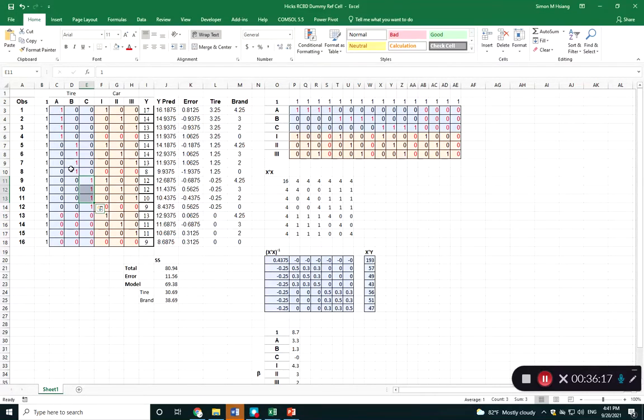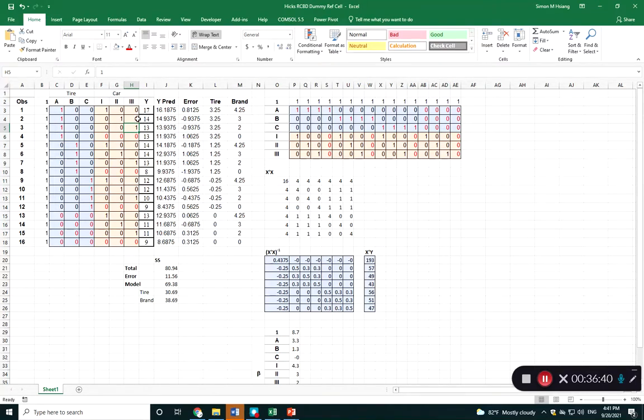Agree? Similarly, can I have the car? So if using car 1, car 1 is 1. Using car 2, car 2 is 1. Using car 3, car 3 is 1. And of course, if it's not car 1, car 2, car 3, it's car 4, which is 0, 0, 0.